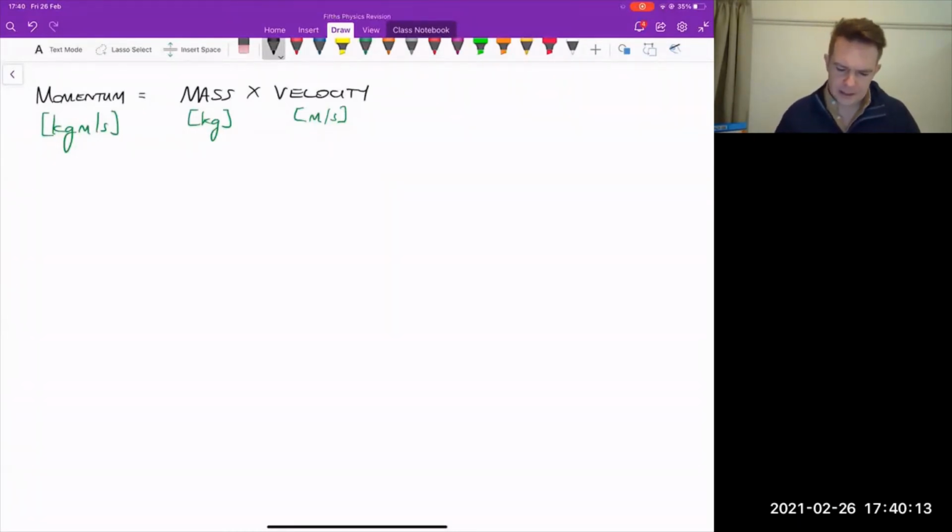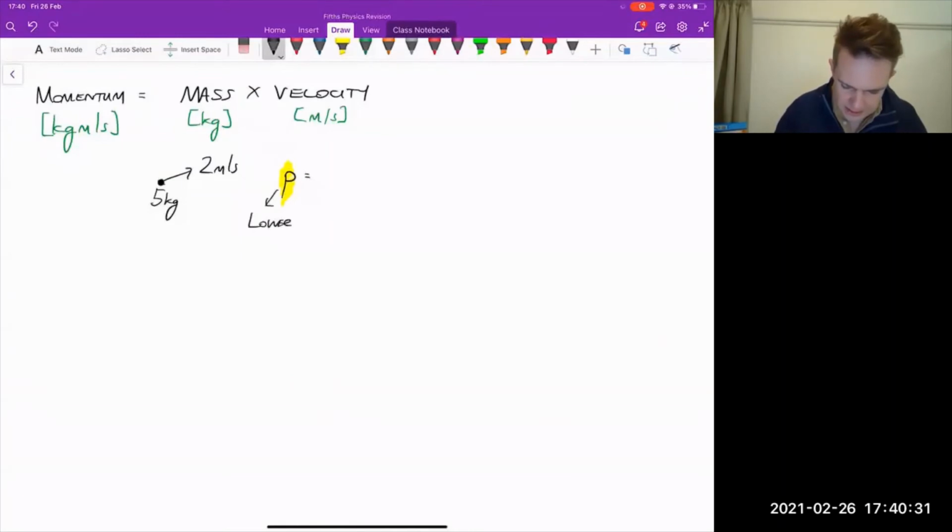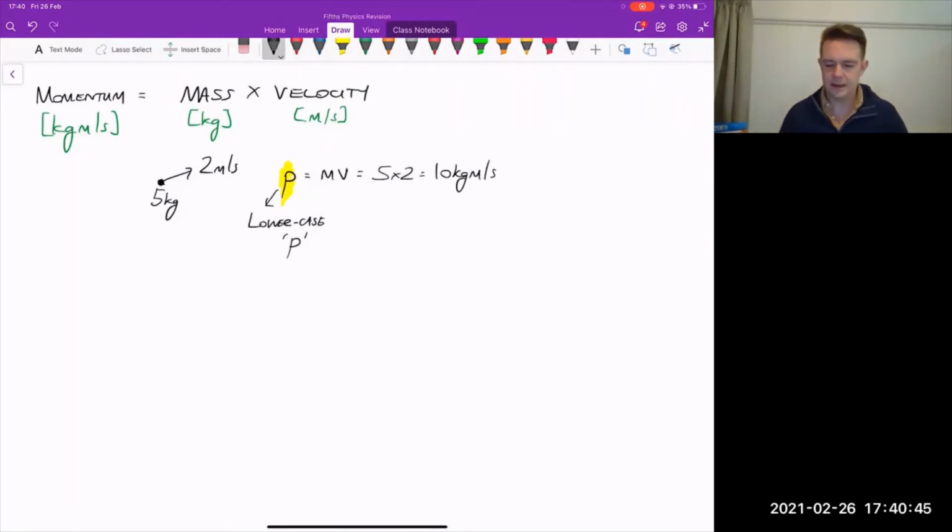So you could work out, for instance, if an object's moving at 2 meters per second and it's got a mass of 5 kilograms, then its momentum, which is lowercase p, is going to be m times v, which is 5 times 2, 10 kilogram meters per second.